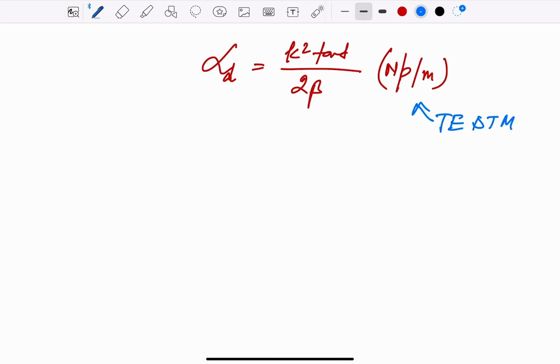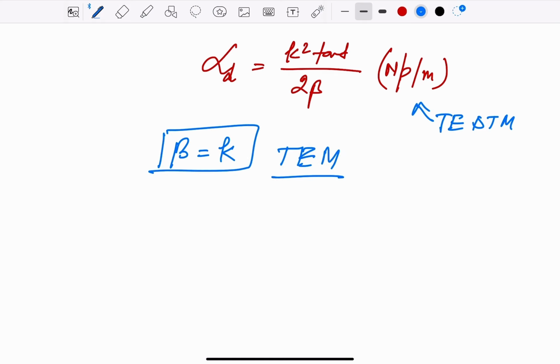Now, if I ask you to write this alpha d for the TEM mode, what changes will there be? The only change is that beta is equal to k, because for TEM mode beta and k are equal.